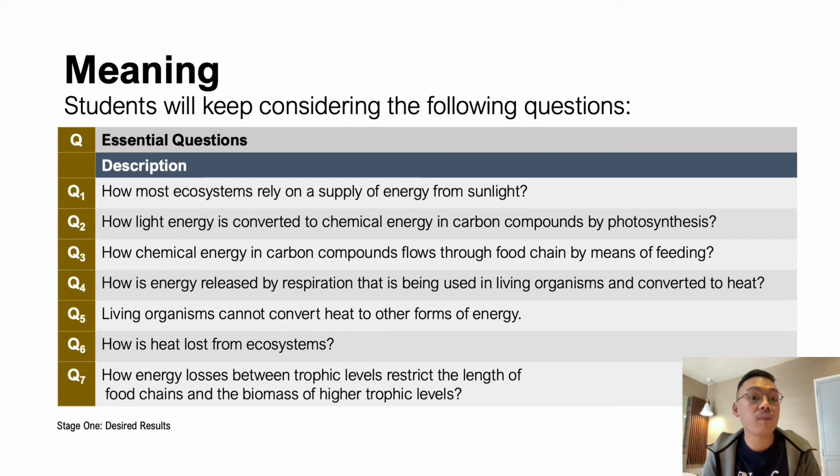And you will keep considering the following essential questions, questions 1 to 7, which are higher order thinking skills kind of questions. The process is being inculcated within these steps in your UbD design.